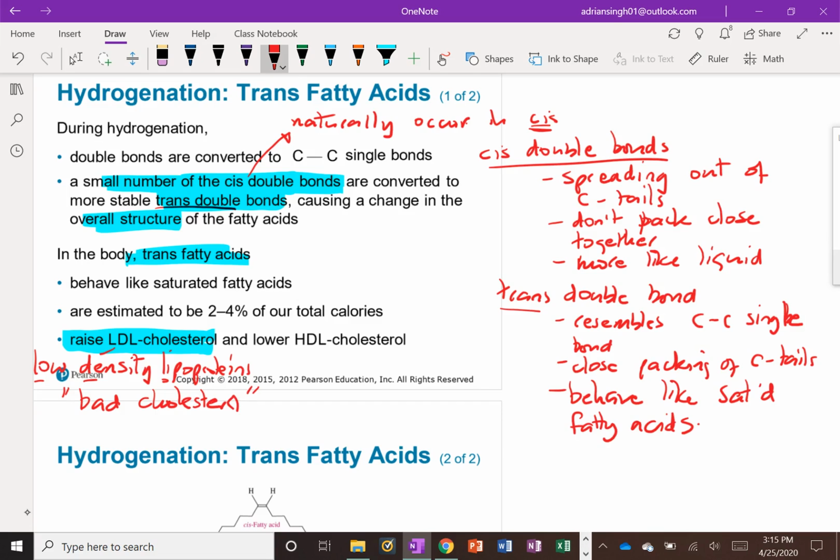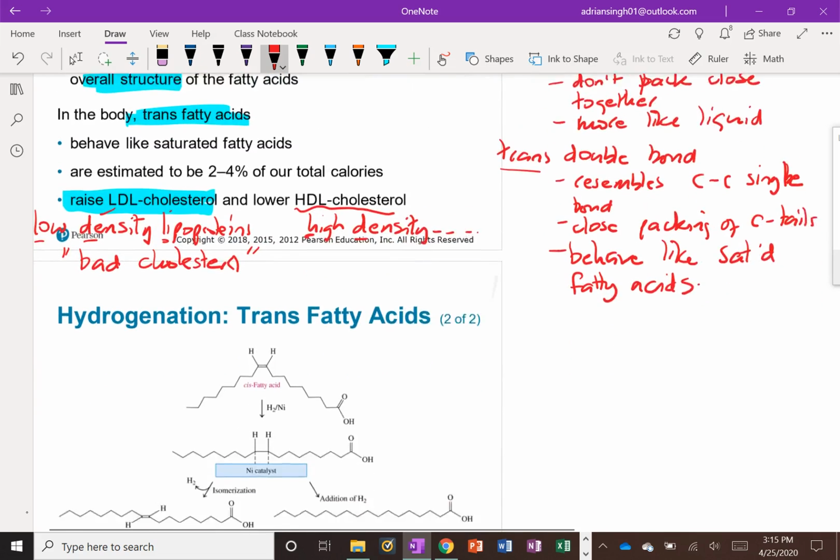And they lower the good cholesterol, which is the HDL, or the high density lipoproteins. So they actually raise the bad stuff, these trans fats do, and they lower the good stuff. So overall, they're not necessarily good for you, right?